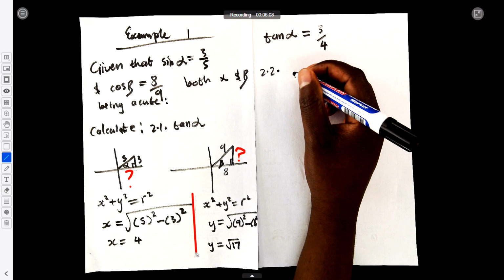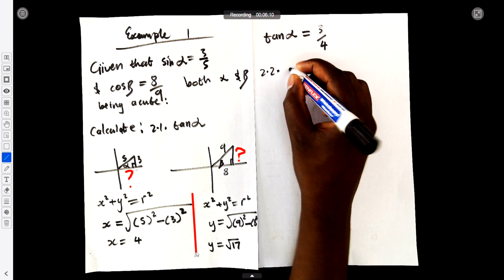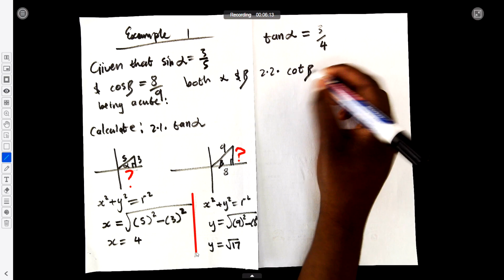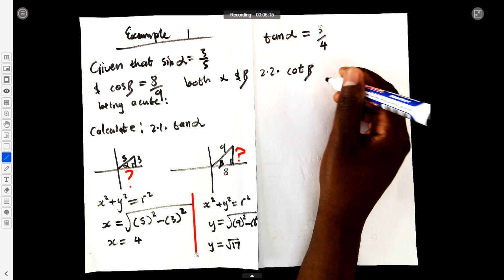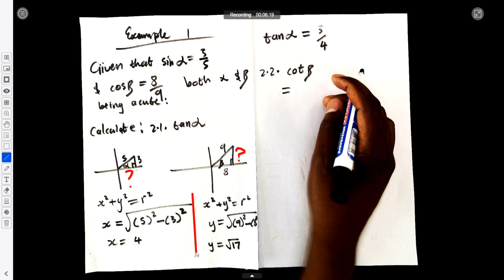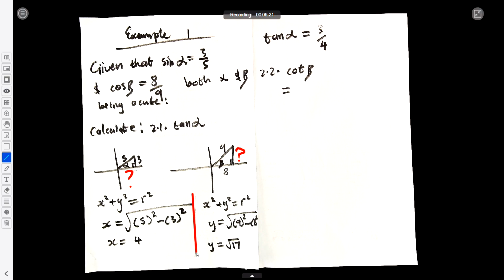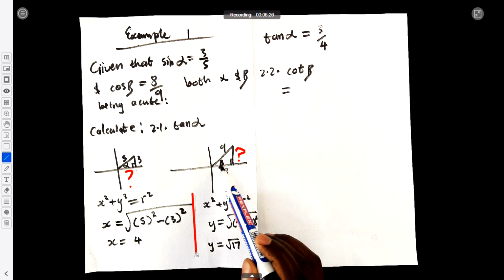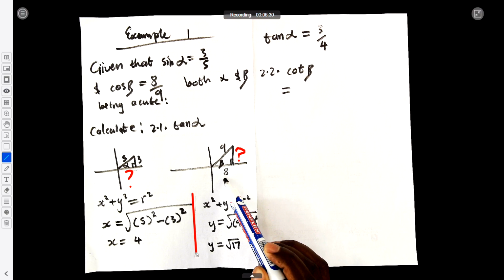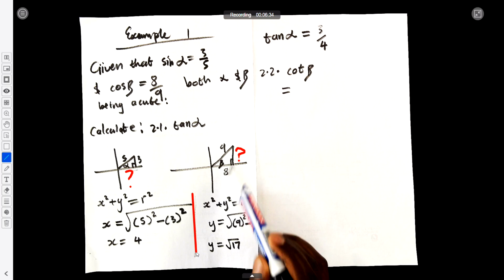The second one we must calculate, 2.2, is cot beta. We know that tan is opposite over adjacent, so cot is adjacent over opposite.